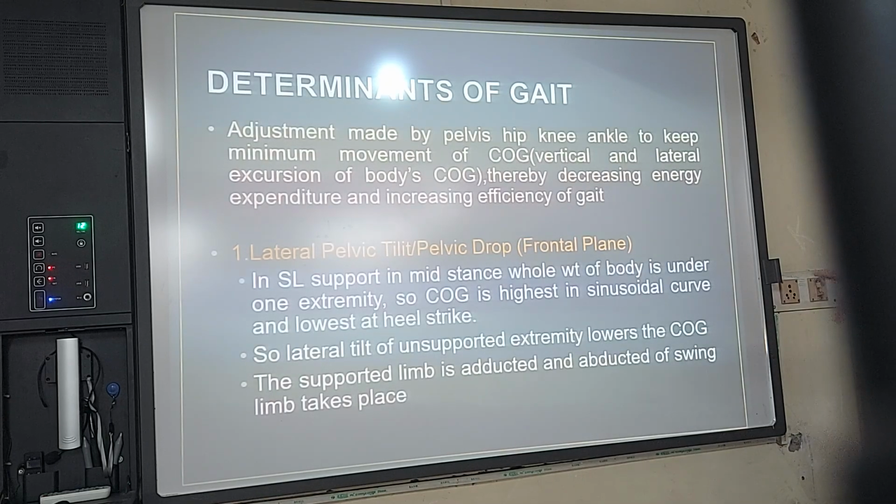So how do we do this? When it is heel strike up till mid stance, you will see one thing. If you place your hands at your ASIS and PSIS, now when it is heel strike, you will find the unsupported side. This is the supporting leg, and on the unsupported side the pelvis will drop.